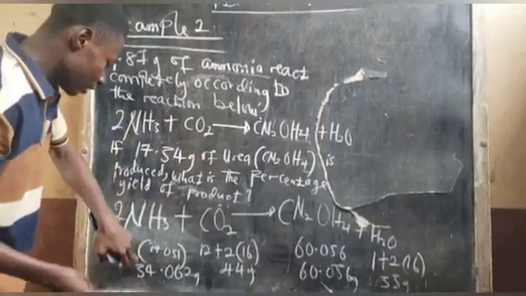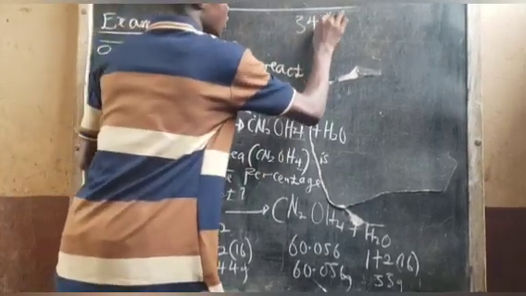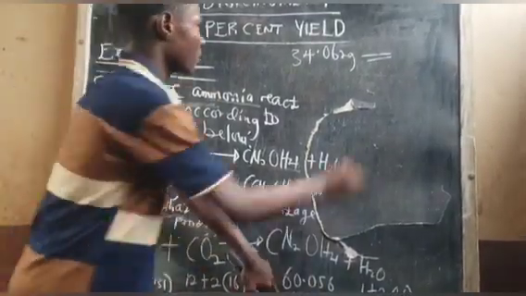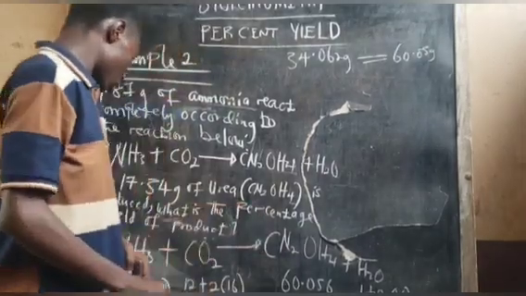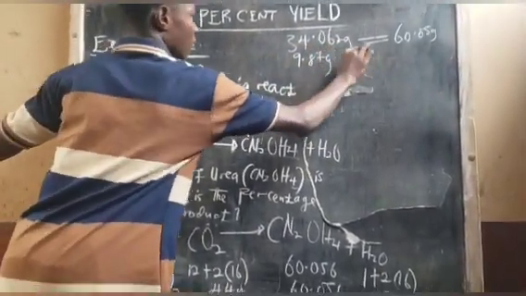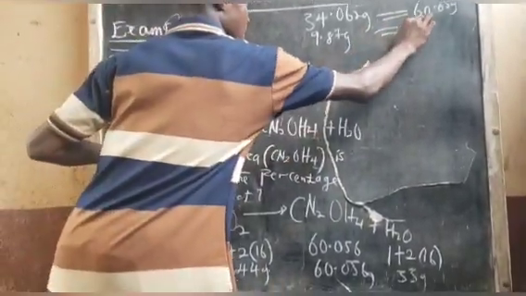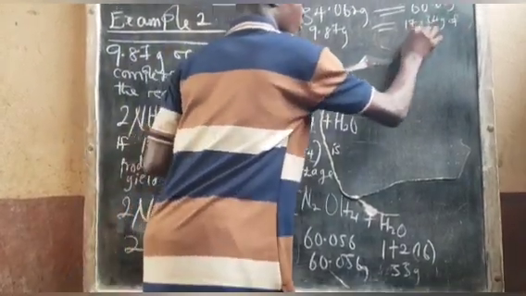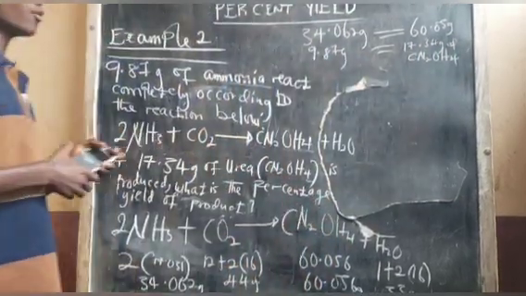So we say 34.06 gram of ammonia gives me 60.05 gram of urea, while 9.87 gram of ammonia will give me 17.34 gram of urea. This is how we go about it.